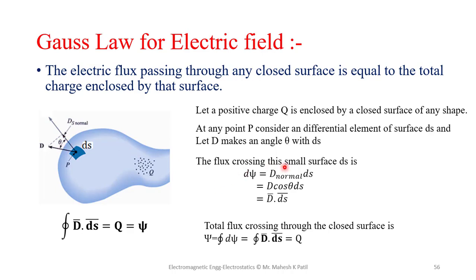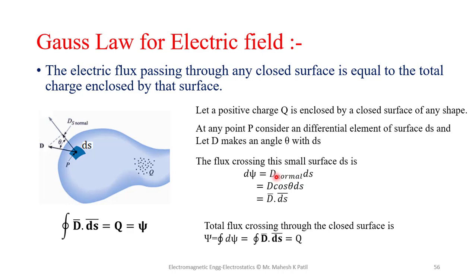So the flux crossing through this small surface area ds is given by d psi. D psi indicates that the flux given out by this small area is a part of the total flux. So d psi will be what? It is calculated by the normal flux density multiplied by ds, so D normal into ds.